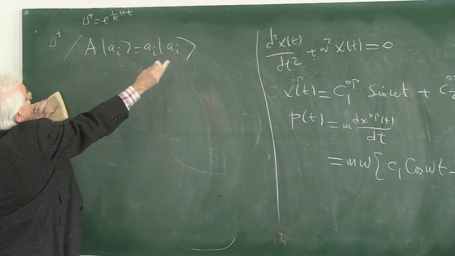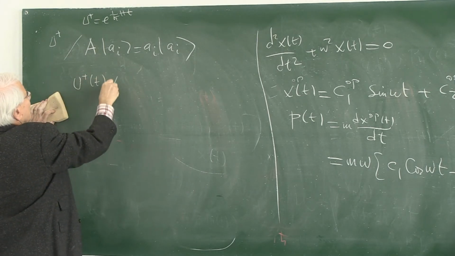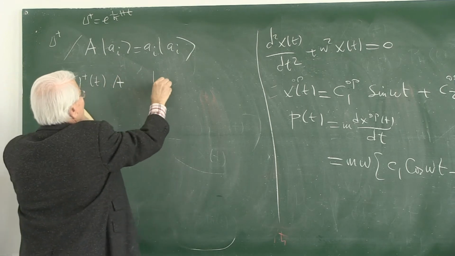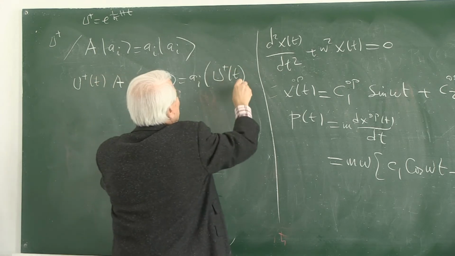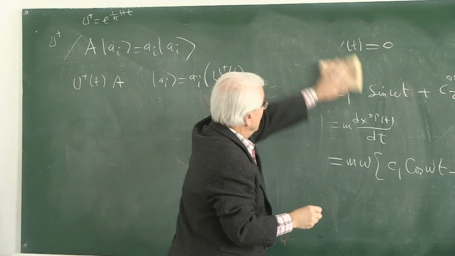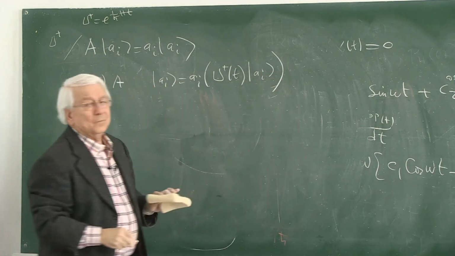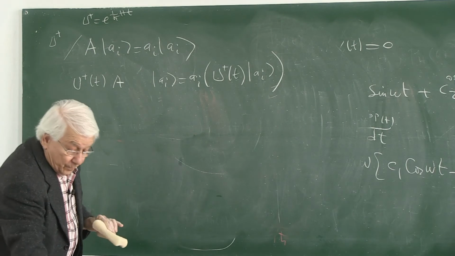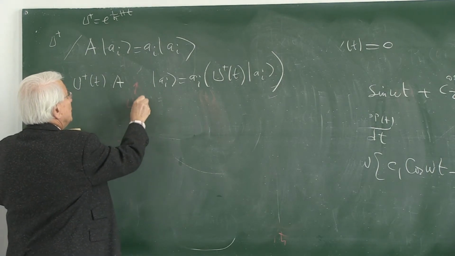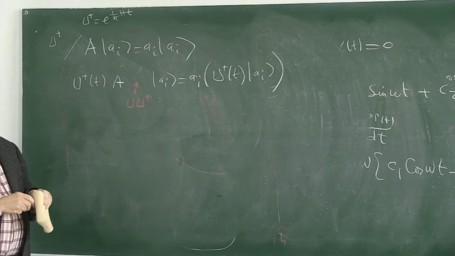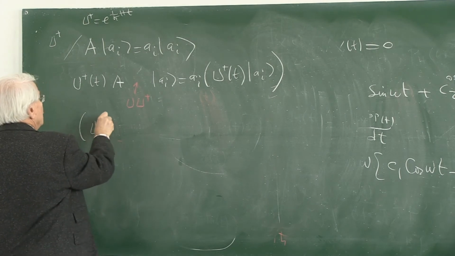So when you act on the entire equation with this U dagger, what do you have? U dagger of t, A, a_i, a_i, U dagger of t, a_i. And then here you insert an identity, U dagger U. You are free to do so.